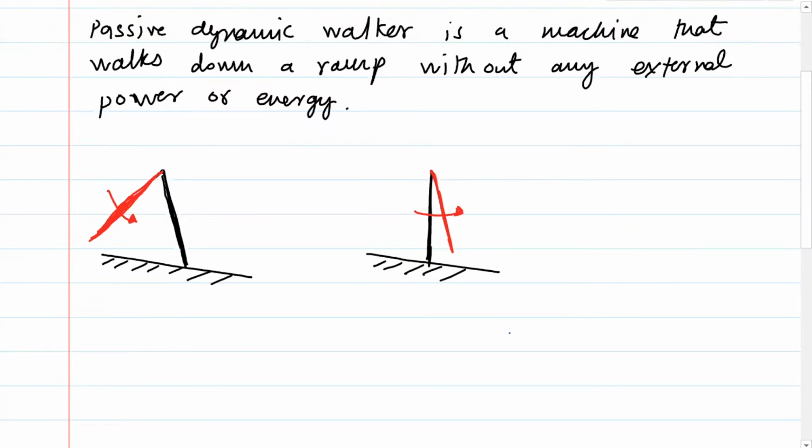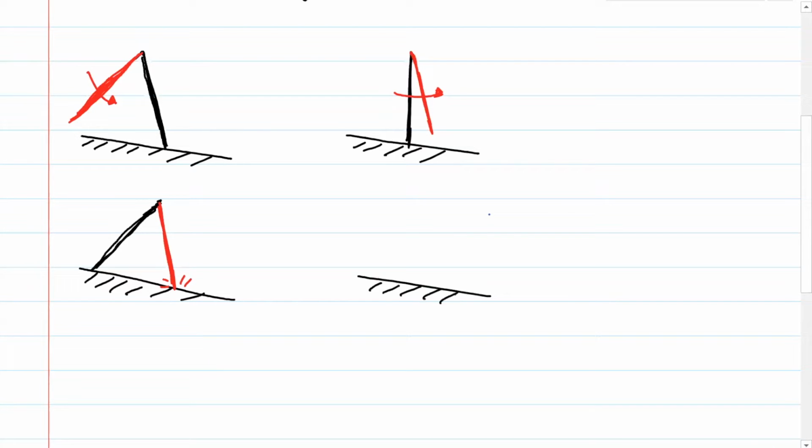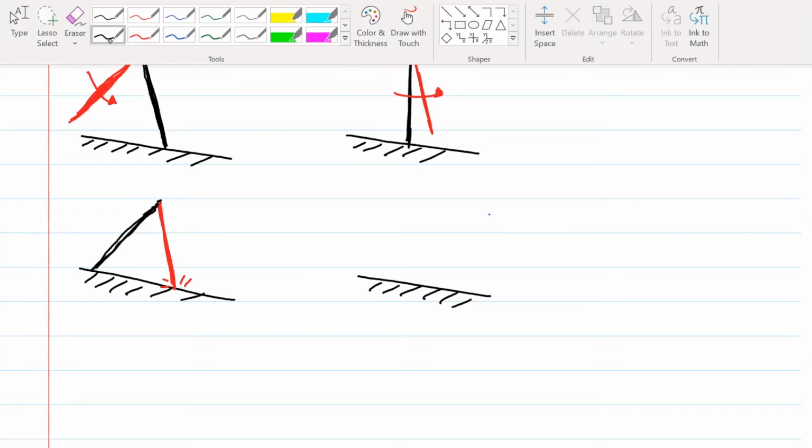At some point of time, the red one, or the leg which is moving forward, hits the ground and collides with the ground. So the collision, and then the red leg becomes the leg on the ground, and the black leg swings.